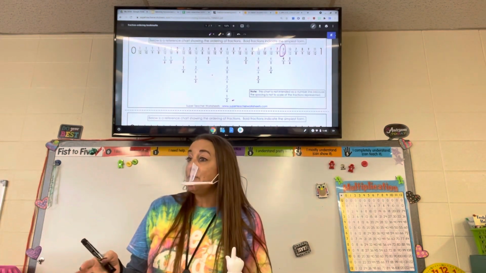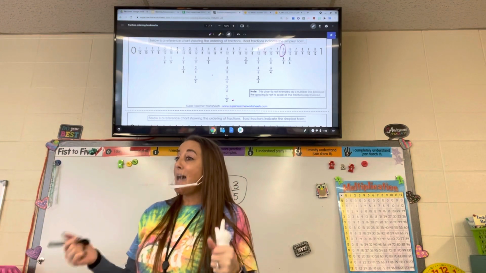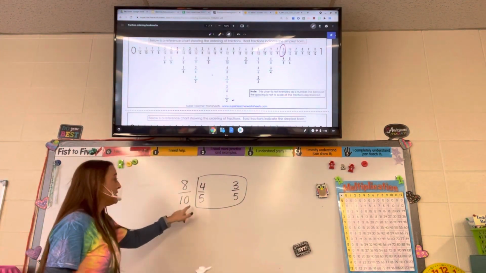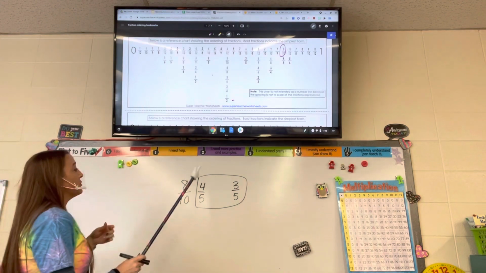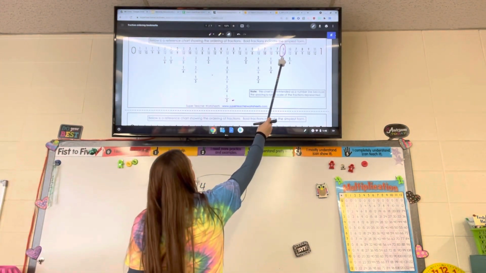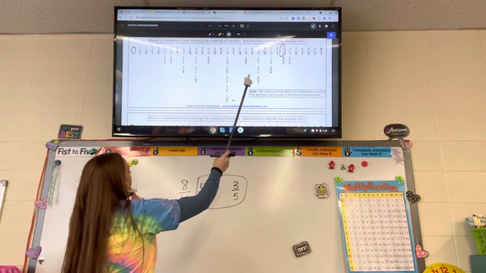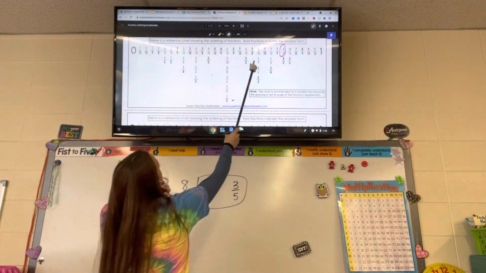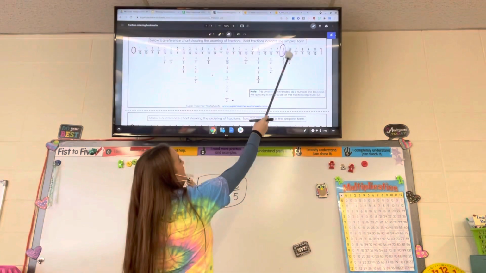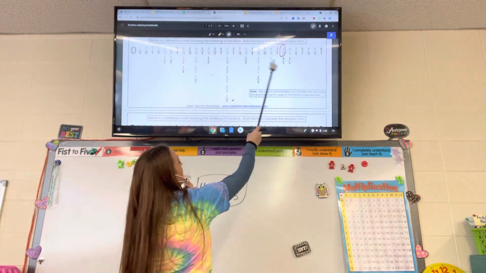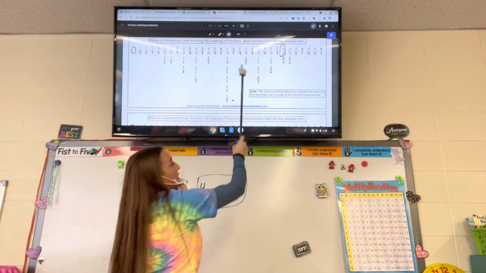But simplest form in this case would allow us to find a common denominator. So if you're trying to compare 8/10 and 3/5, and you found out that 8/10 is the same as 4/5, then you can easily see that 4/5 is greater than 3/5.